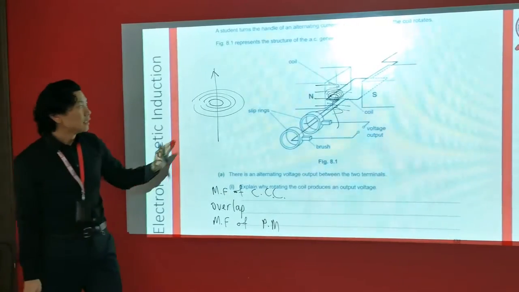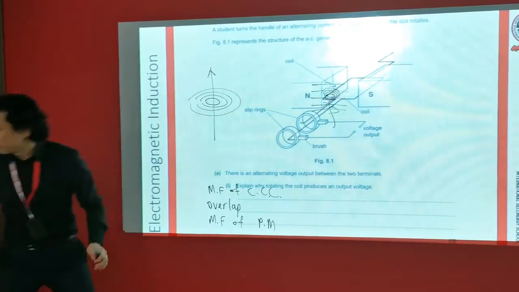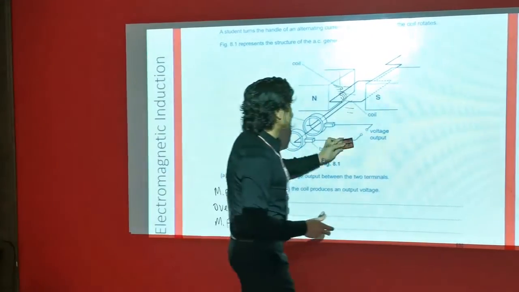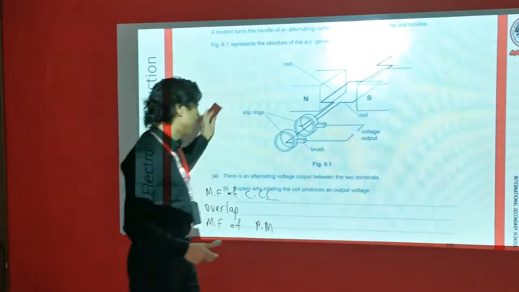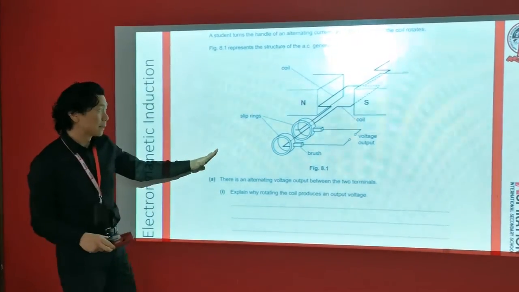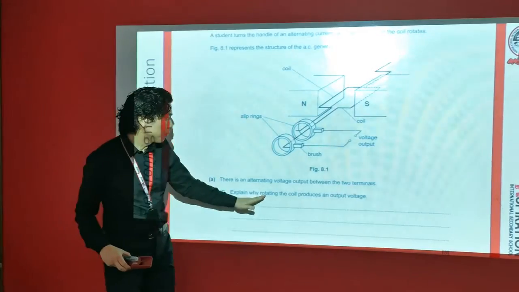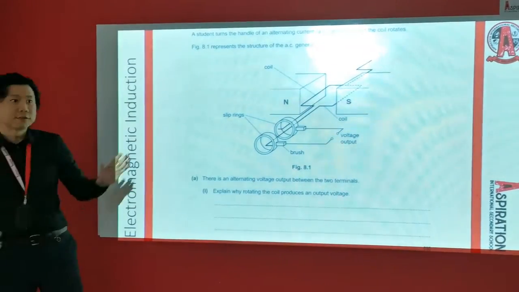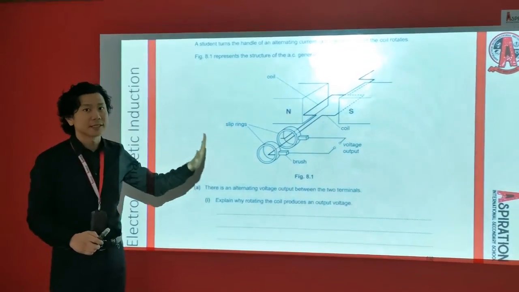Now, very often students are confused with induced force and EMF induced. Look at this question. There is no power supply, and while rotating, the coil produces an output voltage. Now this is very different from the previous scenario.